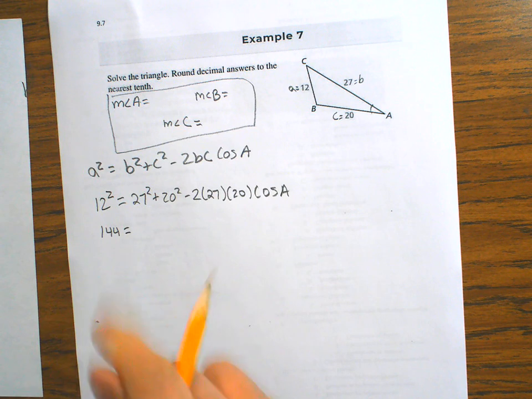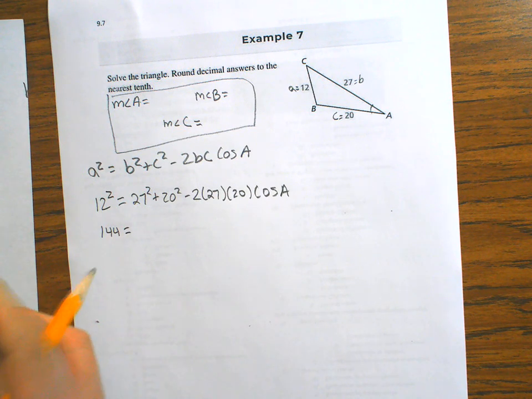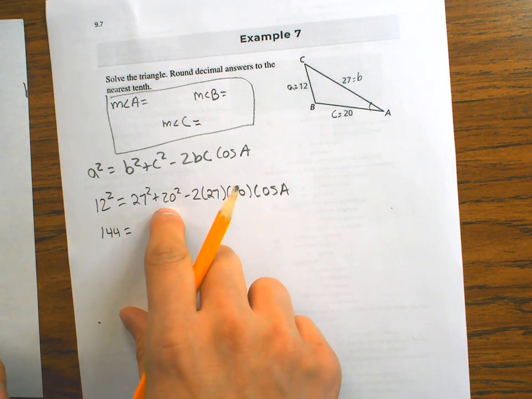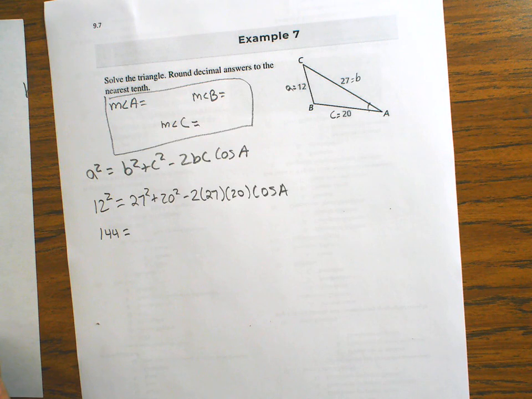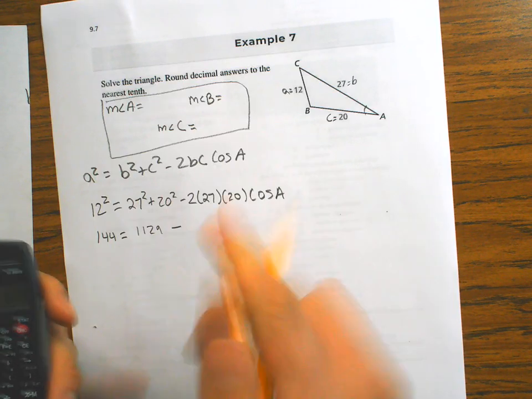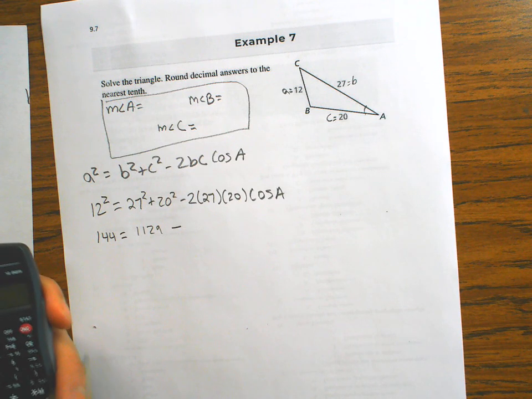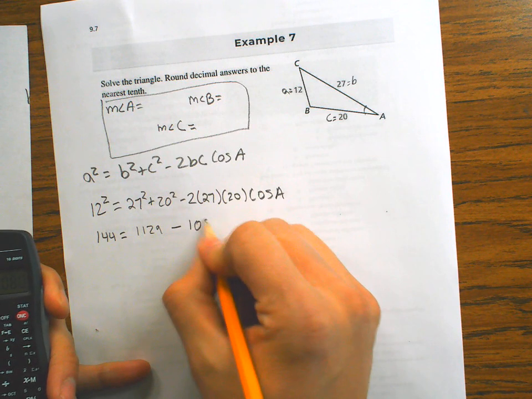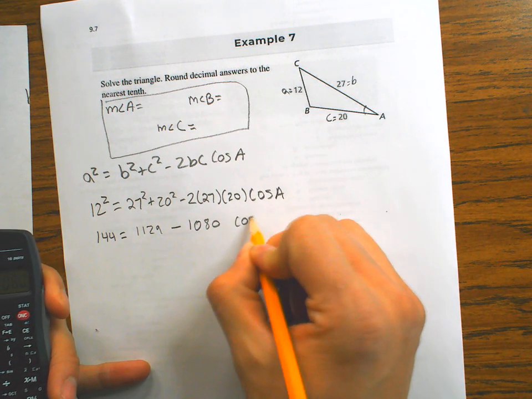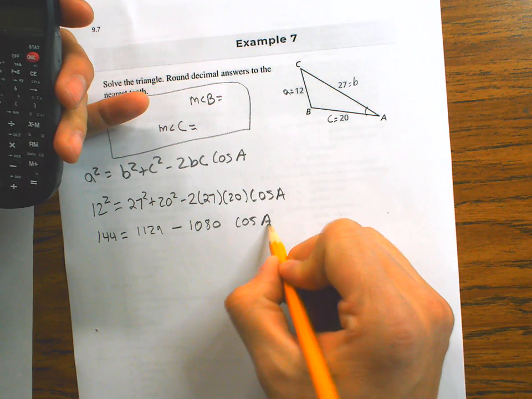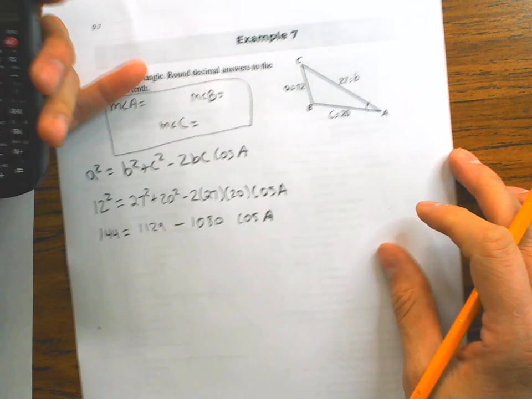Now I'm going to do 27 squared. That's going to be 729 plus 20 squared. That's going to be 400. Now let me simplify the following. 27 times 20 times 2, 1080 cosine of A. So this is like a 2-step equation. It's going to look very messy, but we're going to go ahead and solve for that.